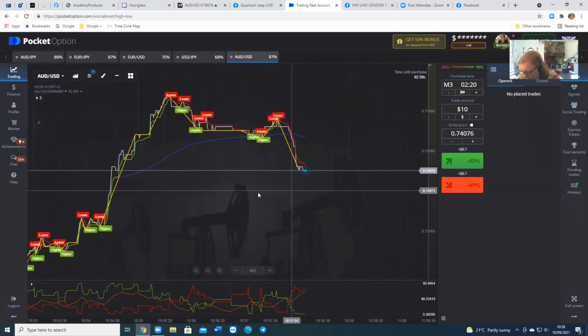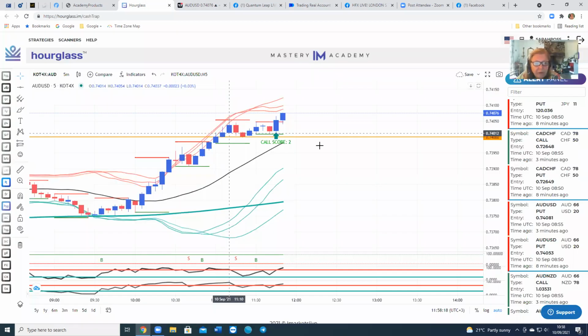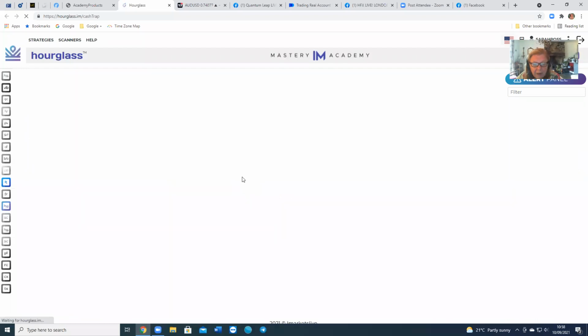We're coming up to the hour at 11. We know that the Australian dollar is a lot stronger than the US dollar. If I come over to HourGlass, which is one of the strategies that we use, and refresh the screen. We like to take our trades on the hour, the 15-minute, the 30-minute, and the 45.